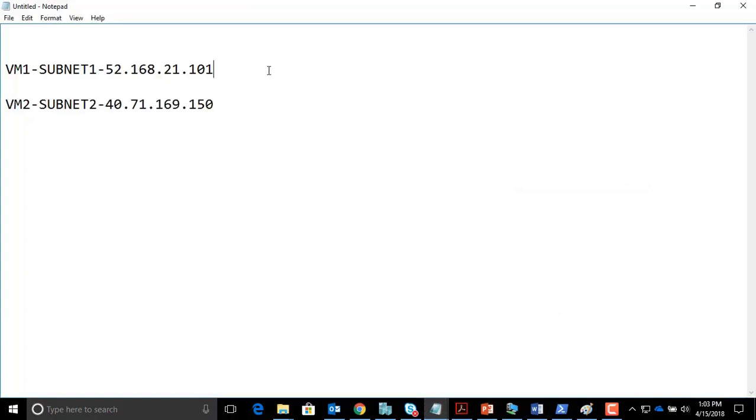So this is my front end, my web server as a scenario example, and this is my backend server in subnet 2, which is my database scenario, database servers.